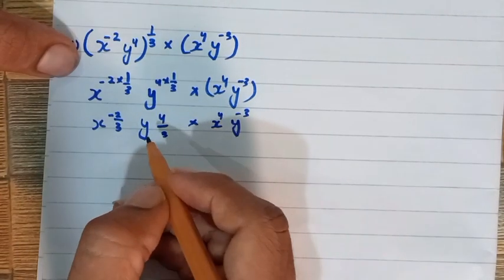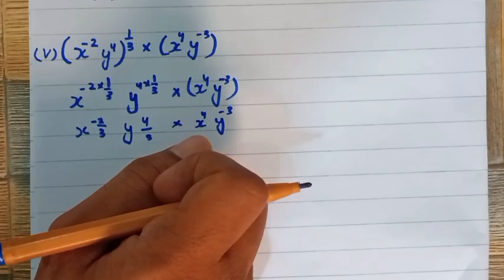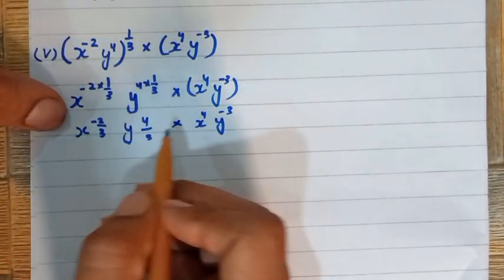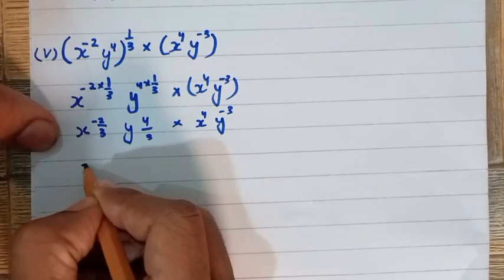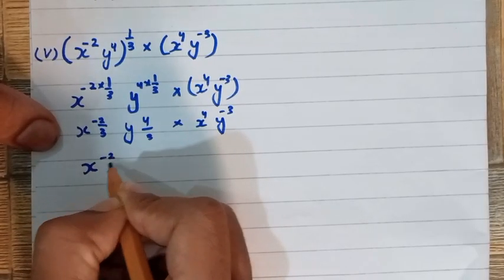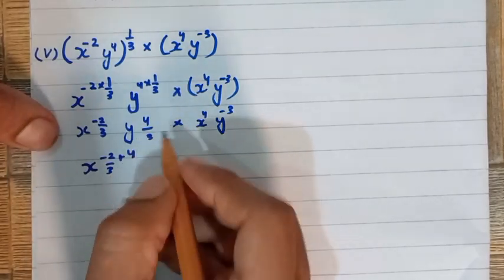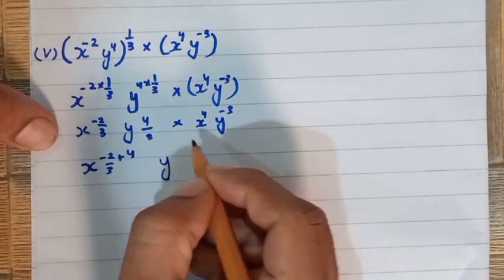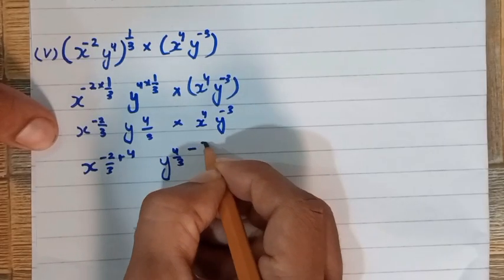See here, if the bases are the same, what will we do? We will add the powers. For example, x^(-2/3 + 4), y^(4/3 - 3).